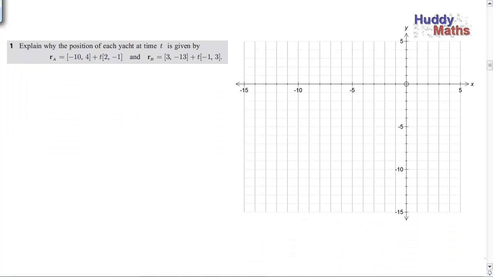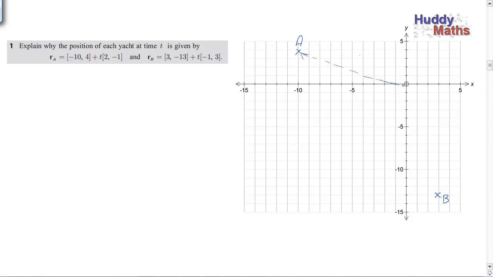Now, explain why the position of each yacht at time t is given by this. Just remember where we are. So this is (-10, 4), that's yacht A. And this one over here is (3, -13), yacht B. Okay, now let's try to use a vector equation. So yacht A is there at the moment.